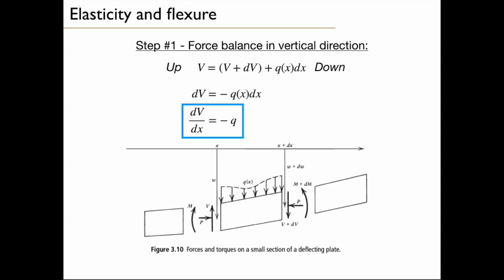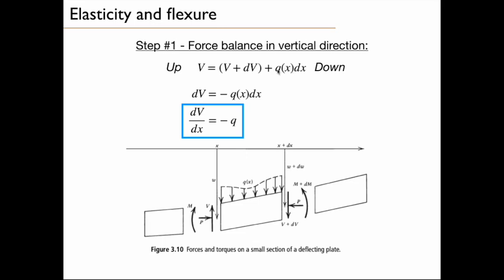So step one is basically the force balance in the vertical direction. So let's review the forces acting vertically. There is one force acting upward. This is V. Forces acting downward: there is V plus dV on that side, and there is Q times the length of the element.